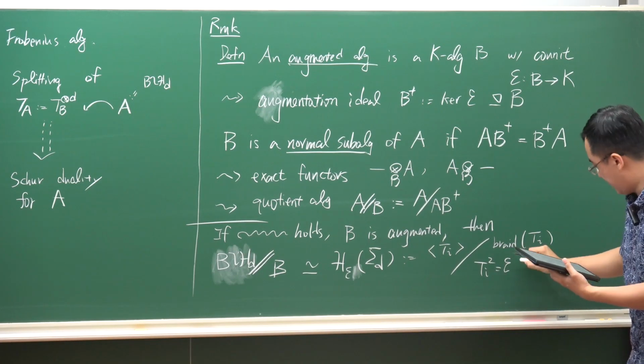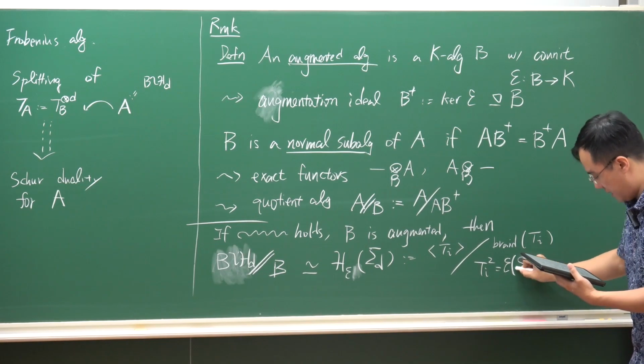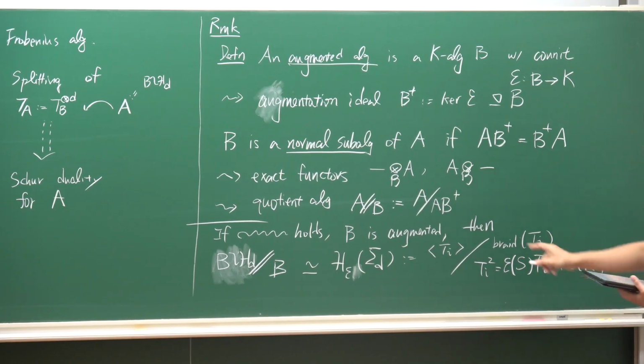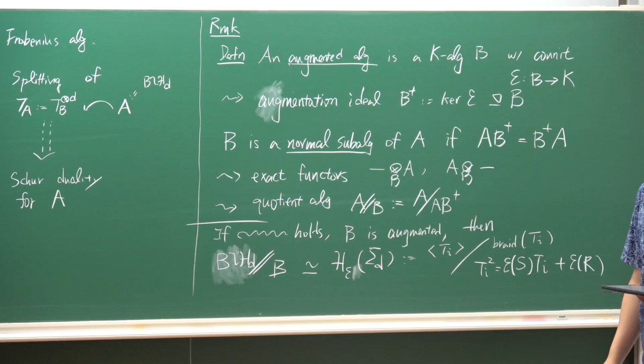You take the co-unit on S and R. So this is really a finite type Hecke algebra.